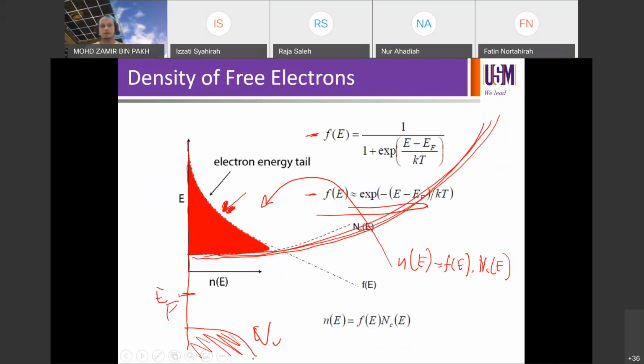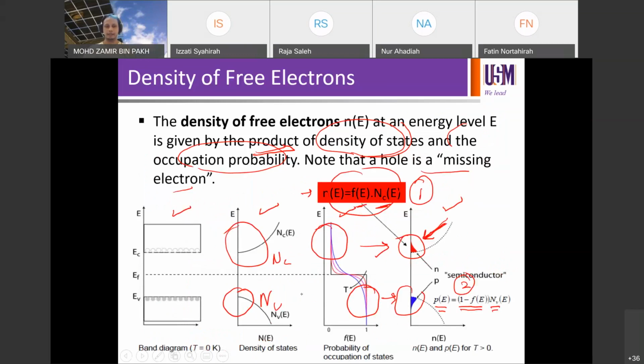Okay, is it clear so far? Is it clear how we calculate the density of free electrons and density of free holes? Straightforward, right? What you need to do is represent the band diagram on the far left, then draw the density of states, then draw the Fermi-Dirac distribution function at different temperatures, and then eventually your density of free electrons or free holes.